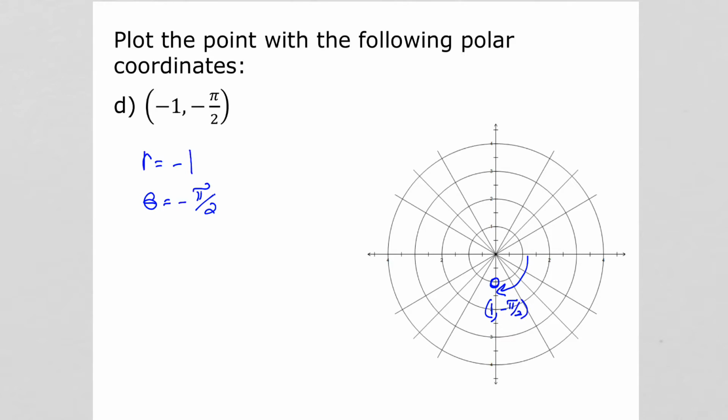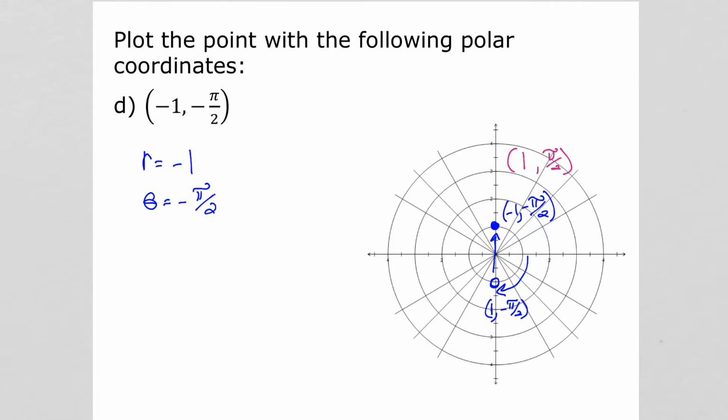So if we want -1, we just need to go 180 degrees over here, and that is the point -1, -pi over 2. Notice if you look at this point, another way to call that point would just be pi over 2 for the angle and +1 for the radius.